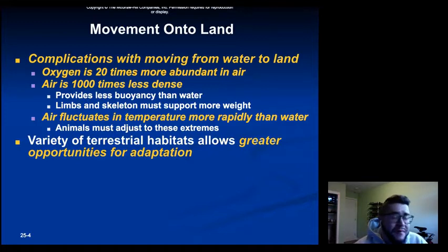It can go from being very, very cold in the morning in the 50s to being 100 degrees in the afternoon. Air temperature fluctuates extremely compared to water temperatures. But there's also a variety of terrestrial habitats, which allows a greater opportunity for adaptation over large areas of land.